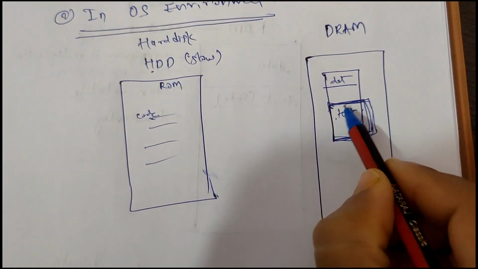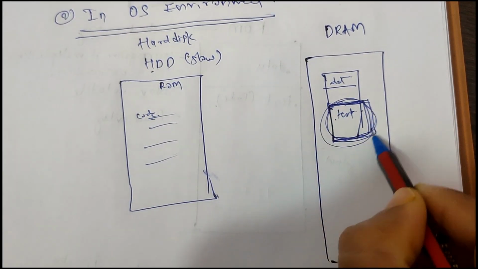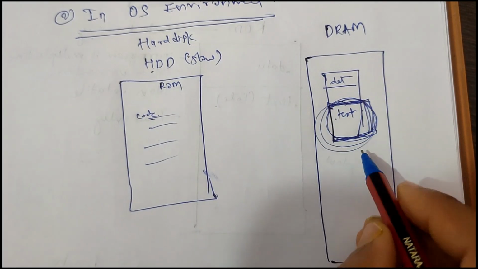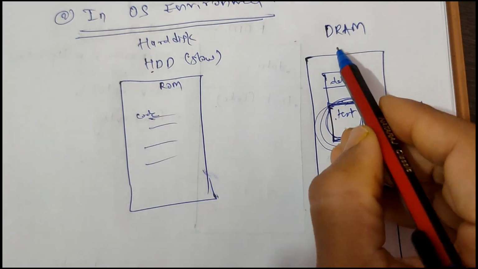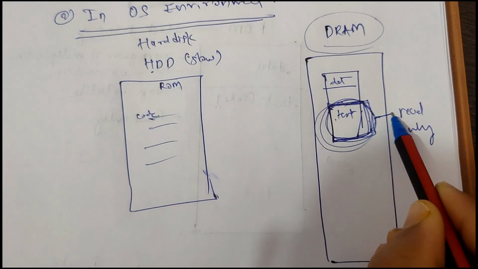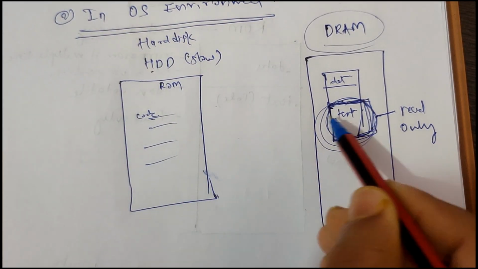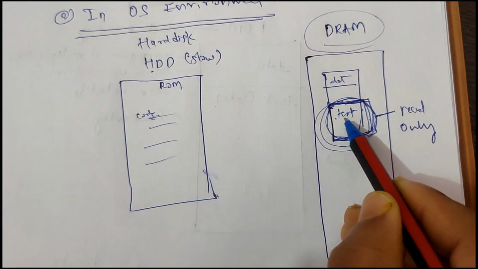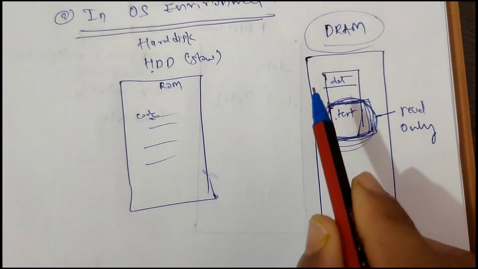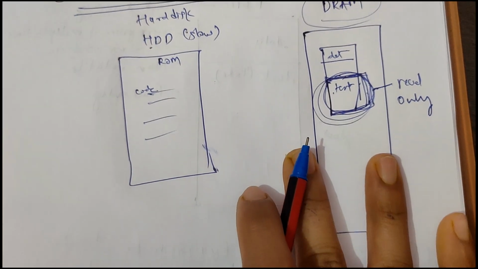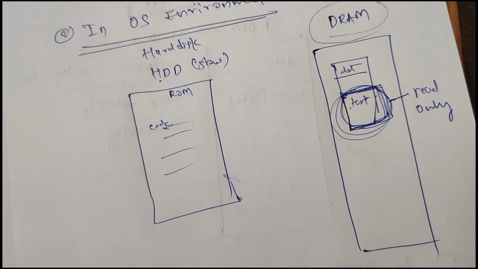The OS guards this text section region in DRAM as read only. Even though it is in the RAM section, it guards it as read only. So the slow fetching process can be dealt with this. The CPU gets instructions directly from this RAM section. So we have completed our discussion on the text section here.